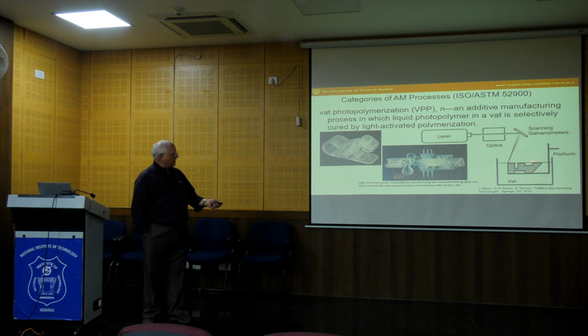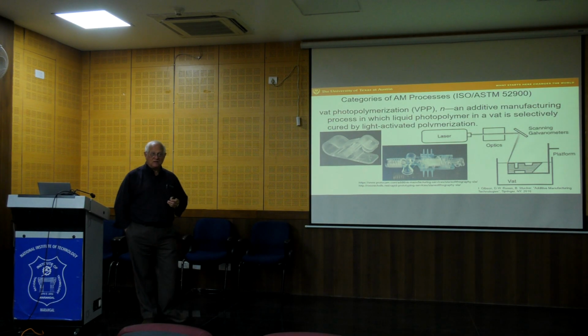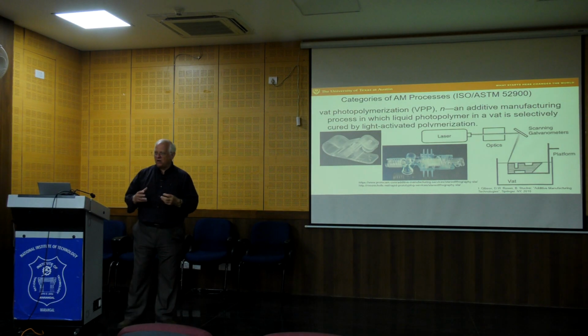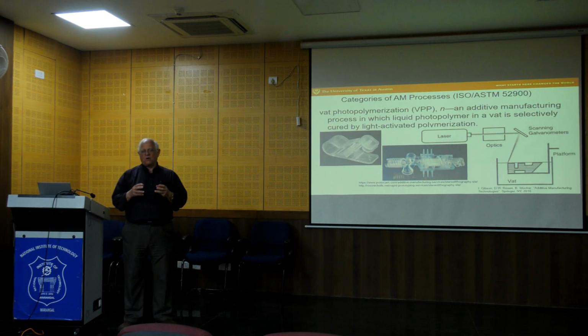And so we build on this platform. During the process, the platform goes down, and liquid is coated up on the top, and then the process is repeated. Typically with stereolithography, the parts are built with complicated scan strategies, so that there's a lot of unpolymerized material.